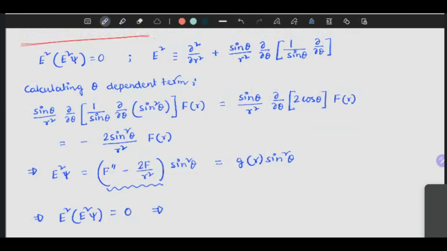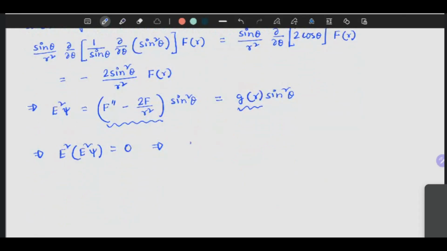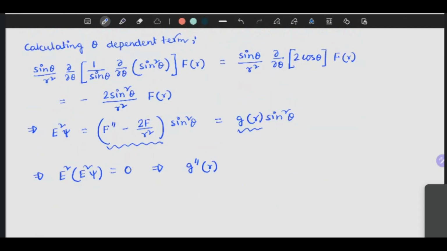Only this term will take the derivative, so this becomes g double prime minus 2g of r by r square, the same logic we are using.